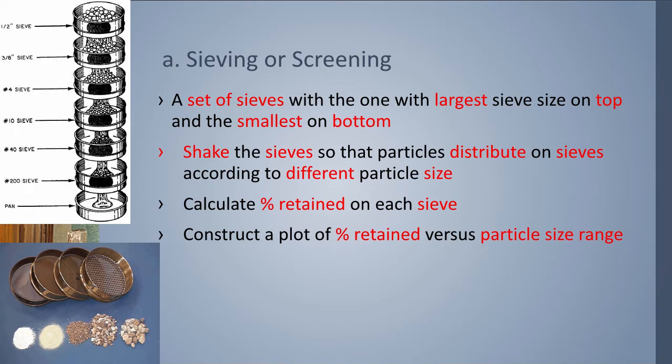To do sieving, you should have a set of sieves arranged in descending order regarding the opening size. So the sieve with the largest opening will be kept on top, and the sieve with the smallest opening will be kept at the bottom. And you will have a mixture of powder with different sizes that you want to analyze.